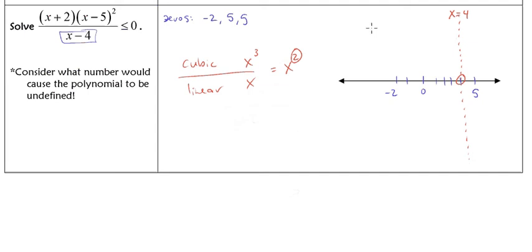So our first thing is that this is essentially an even degree, an even power, and so our end behavior, the two ends are going to do the same thing. Either they're both going to head to positive infinity or they're both going to head to negative infinity. We've got to figure out which one it's going to be. And so with that, we need to look at our a value, or our leading coefficient.